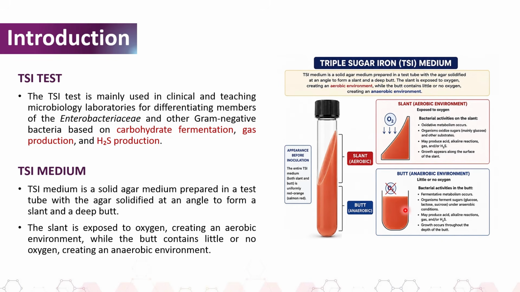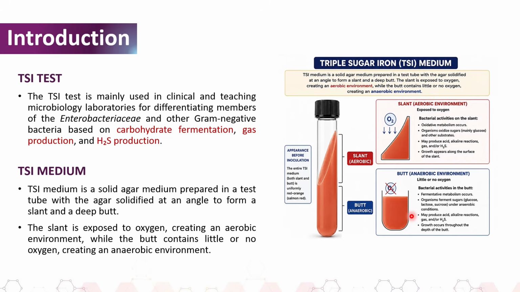The second picture here shows the butt of the TSI agar medium, which represents an anaerobic environment because little or no oxygen is present here. In this part of the medium, bacteria obtain energy by fermenting glucose, lactose, and/or sucrose instead of using oxygen. The sugar fermentation here produces acids that lower the pH to cause the phenol red indicator in the medium to turn yellow.